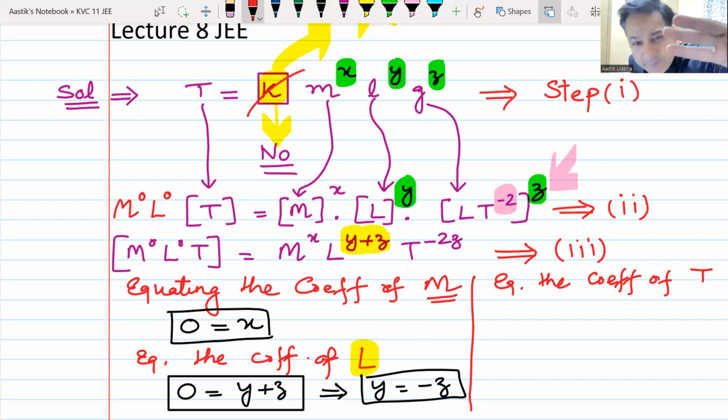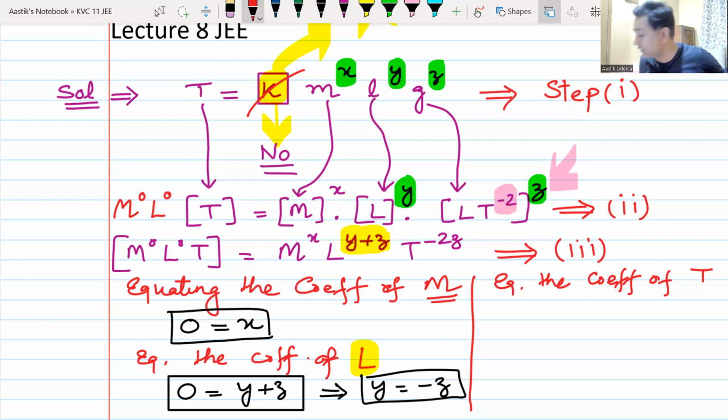Because I only have three dimensions here, m, L, and t. Therefore, if this quantity was depending on four variables, dimensional analysis is useless, because I'll only have three equations. I cannot solve for four. So that is a limitation of dimensional analysis.